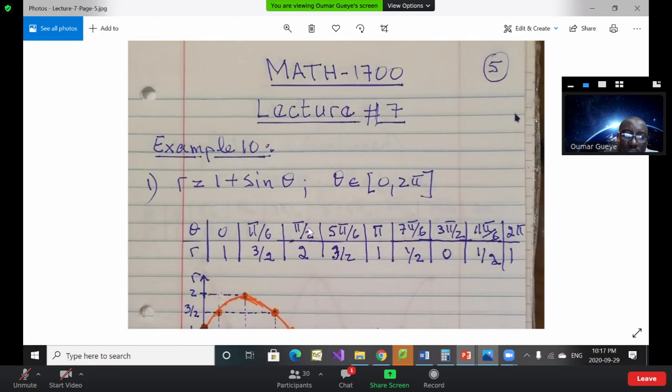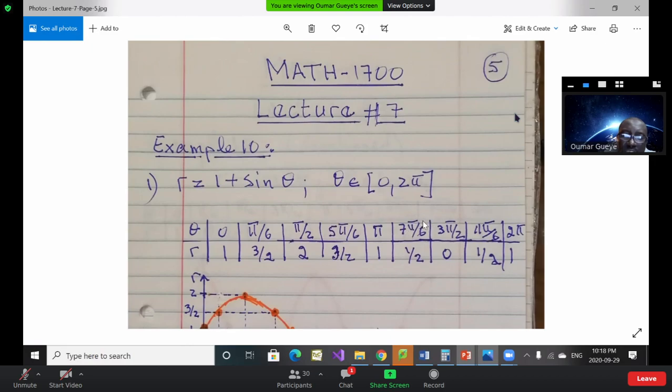And at pi by 2, sine is 1. So in this case, plus 1 here to get r equal to 2. At 5 pi by 6, sine again is equal to half, plus 1, you will get 3 by 2. At pi, sine is 0. And you add 1, so r is going to be 1, as you can see here.